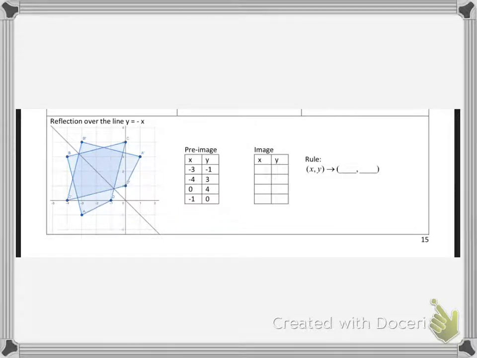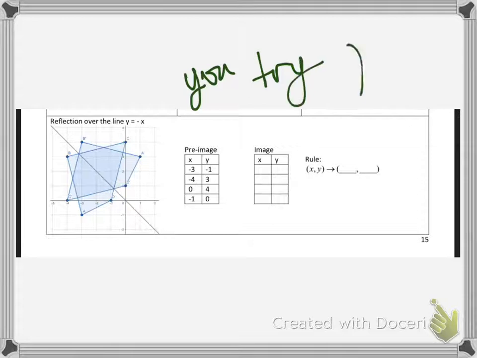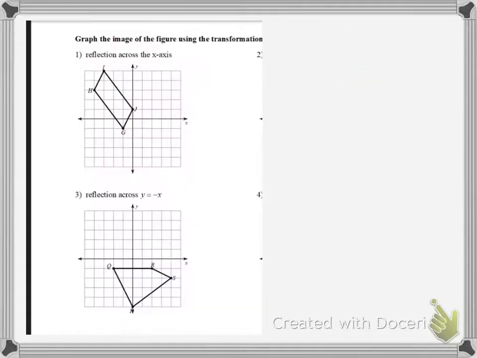Now you can try this one. Okay, so if we want to reflect across the x-axis, remember we are changing y. If it's already negative, it goes positive. If it's positive, it goes negative.